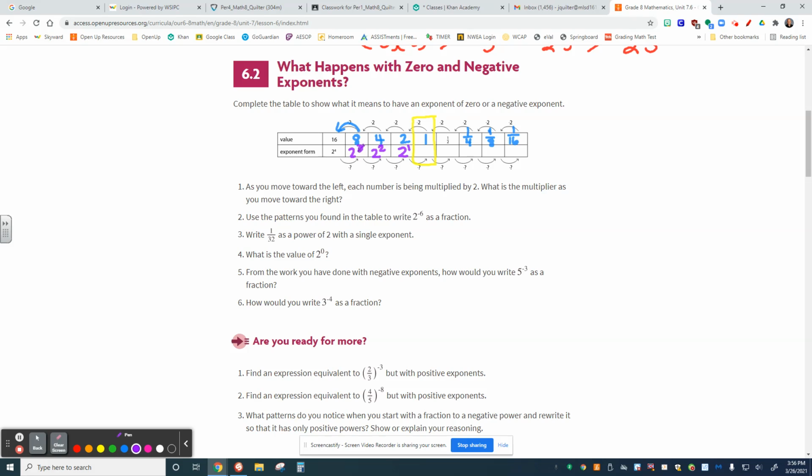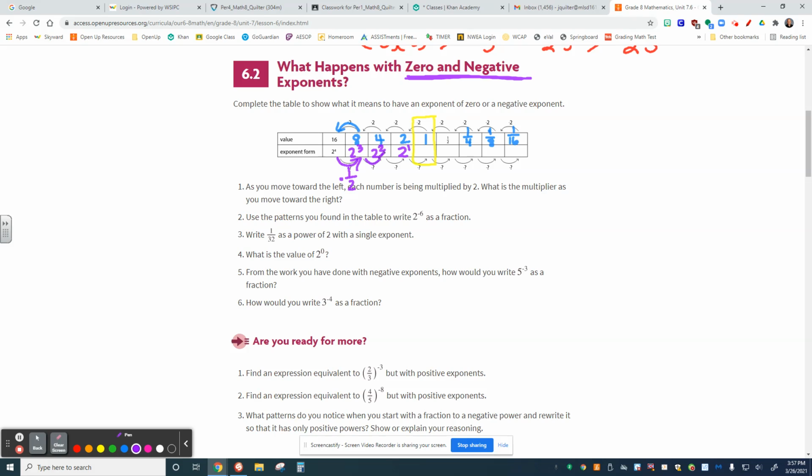As we look at this and start thinking about what kind of patterns we can recognize, we'll start to see where this information about 0 and negative exponents comes from. As we start looking at the values for our powers of 2, we see that 2 to the fourth power dropping back is 16 dropping to 8. So we can see that as our multiples of a half.